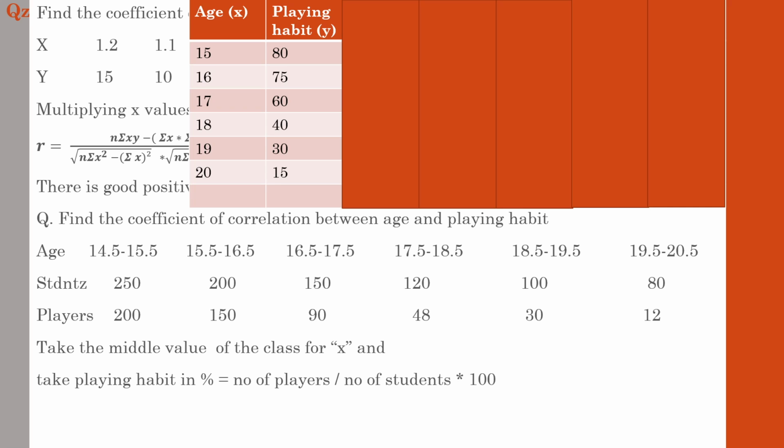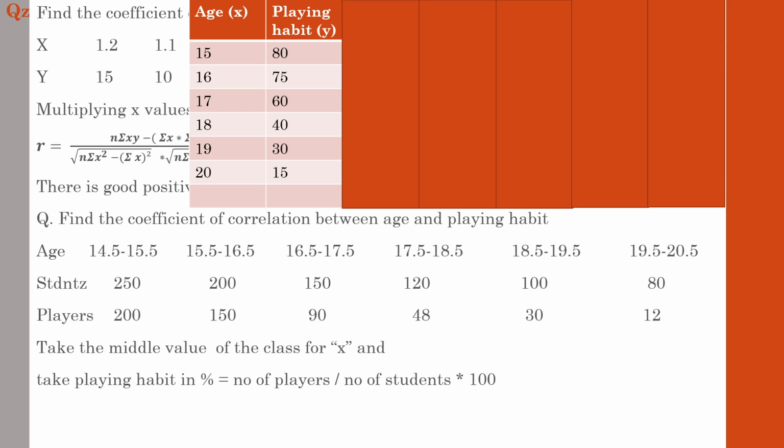So in the case of first one 14.5 to 15.5, there are 200 players out of 250. So the total number of students under that category is 250, and out of 250 there will be 200 players. We don't know exactly how many players, just given 200 players. So we can assume that if you take the percentage of that value, you will get the playing habit.